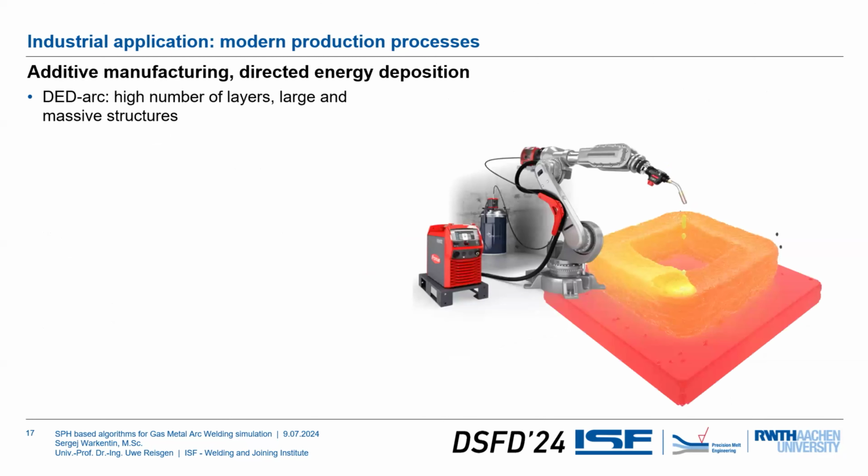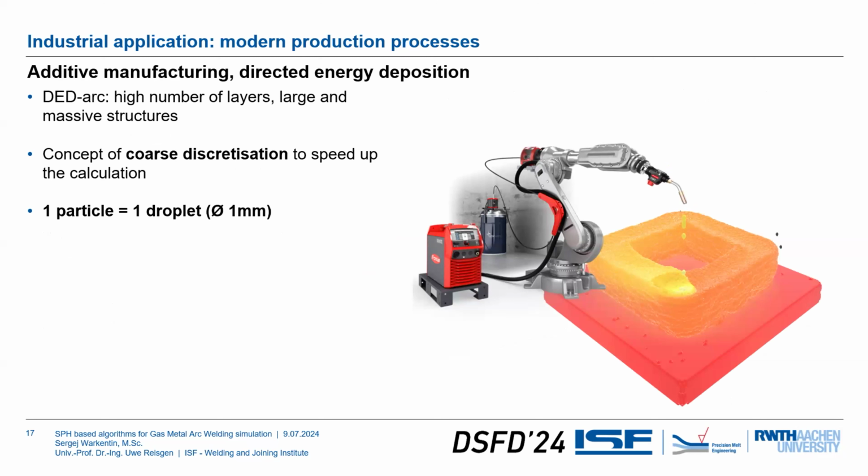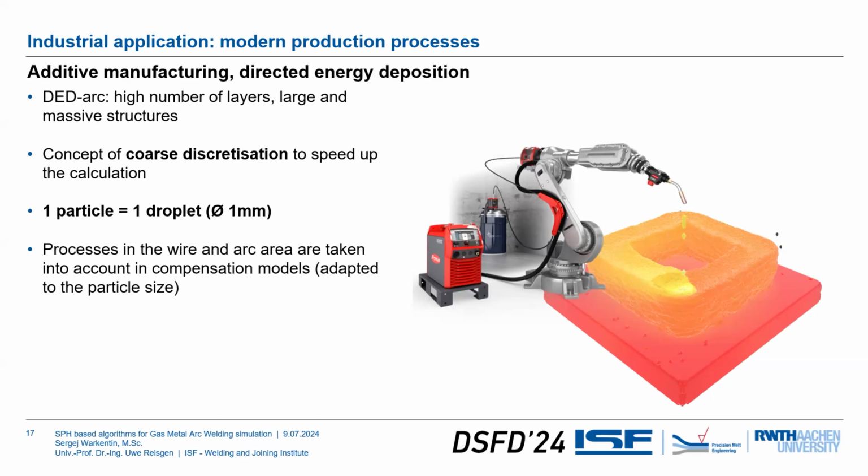Another last example is about a modern production process: additive manufacturing. Here it is important to bring a lot of material into the substrate. So we have a high number of layers and very big structures, and we have to accelerate the simulation even more. Our approach was to do a coarser discretization. We assume that the particle is in the range of the droplet from the wire.